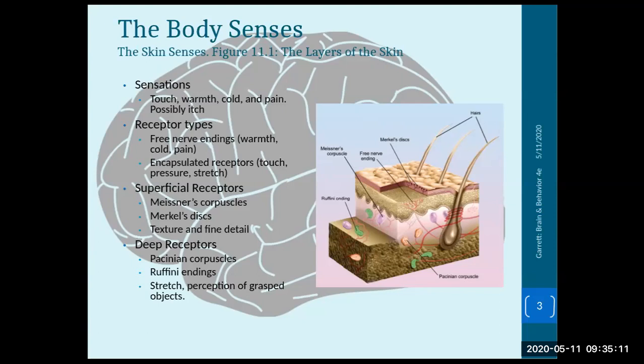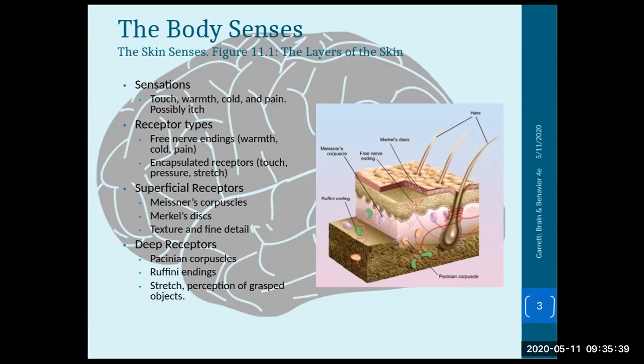So we have two of those receptors on the top or superficial side of the skin, very close to the surface, as you can see from the picture on the right, which kind of dissects it. You can see that there are a few different layers of skin. And right at the top are the superficial receptors, which we call Meissner's corpuscles and Merkel discs.